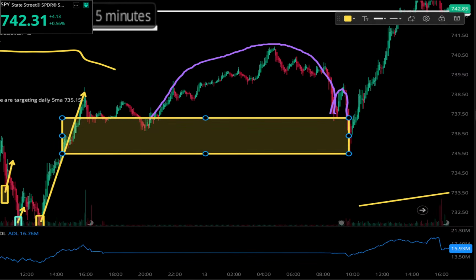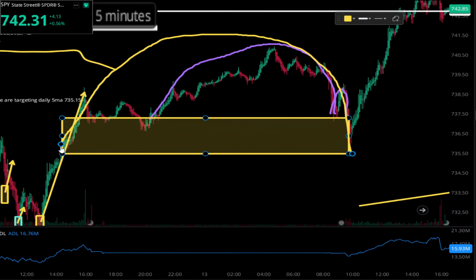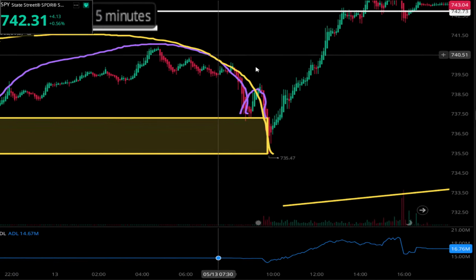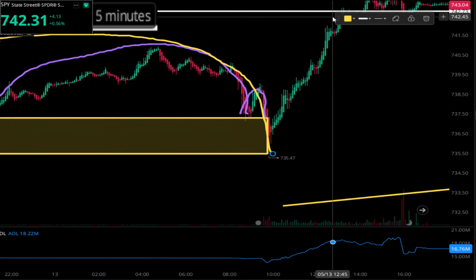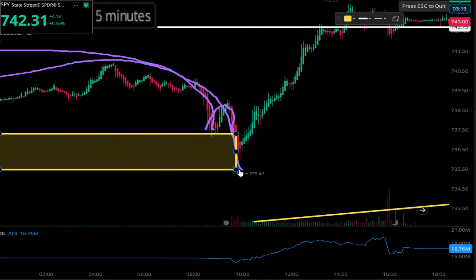Potentially this was forming a very, very large inverse cup all the way from yesterday. So we have a few different structures to start invalidating here if we're going to be looking to the bullish upside.